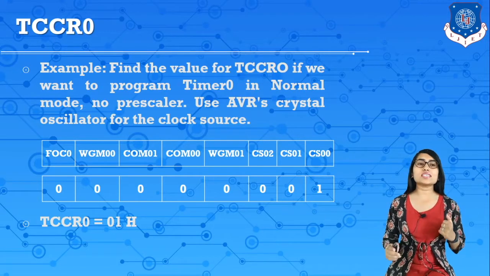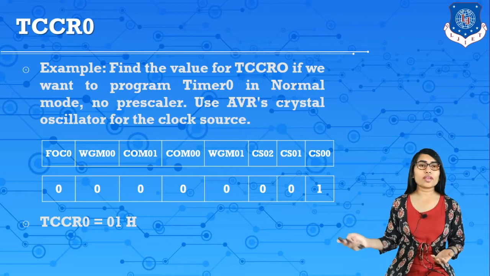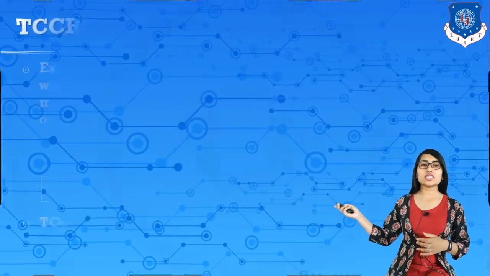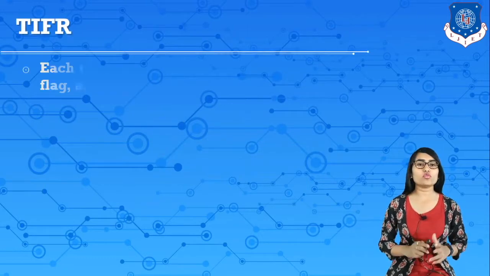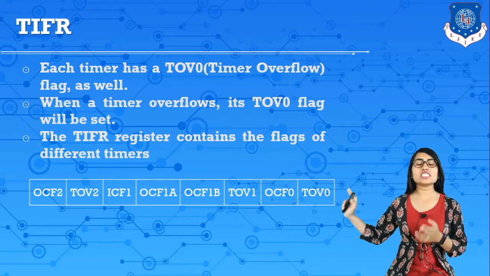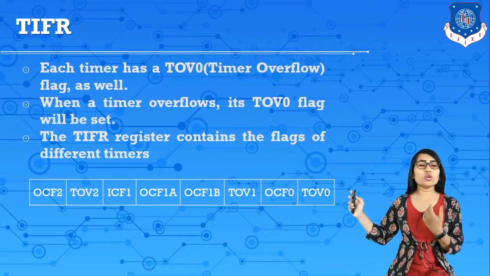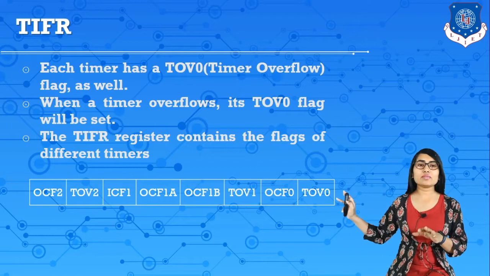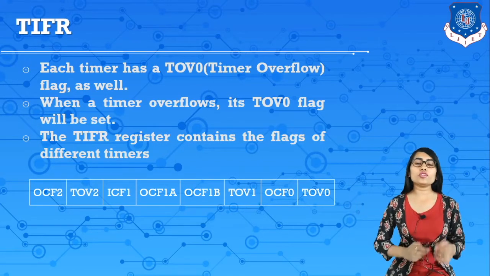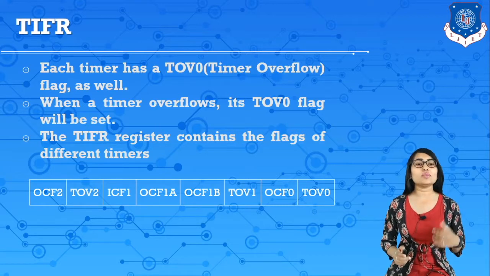Now let's discuss how we can program our counter. But before that, let's discuss the TIFR register, in which we have the flags. Each timer has TOV flags and OCF flags. Timer 0 has the TOV0 flag, and when the timer overflows, its TOV0 flag will be set.